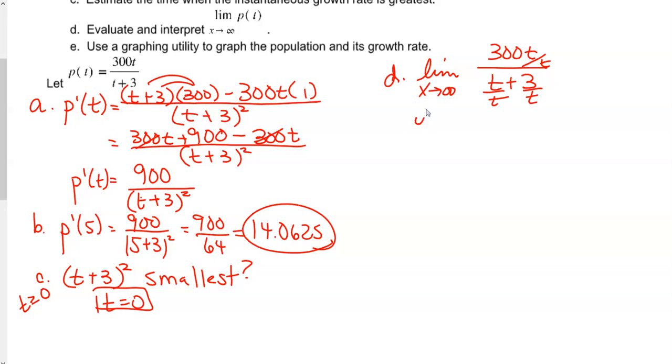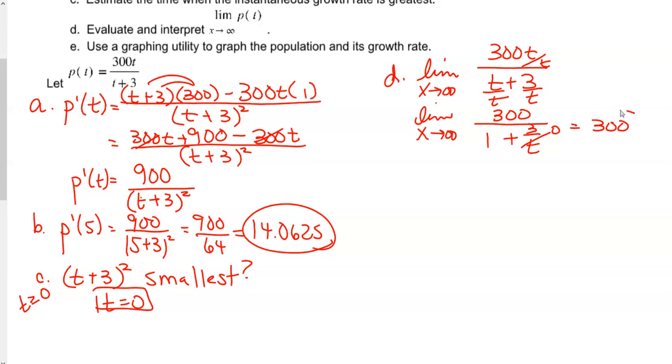So what I now get is the limit as t goes to infinity of 300 all over 1 plus 3 over t. And as I go to infinity and get larger and larger, this fraction goes to 0. That's from what we had in our earlier sections in chapter 2. So therefore I get 300 over 1, which is 300.